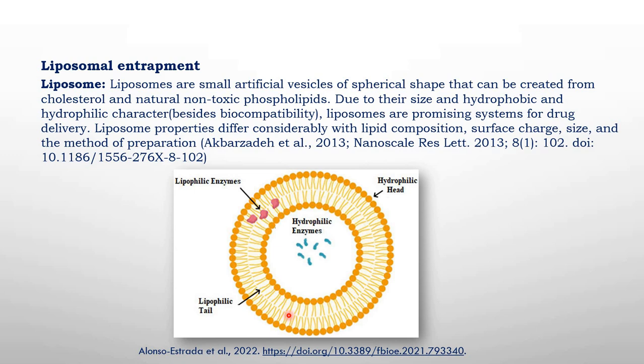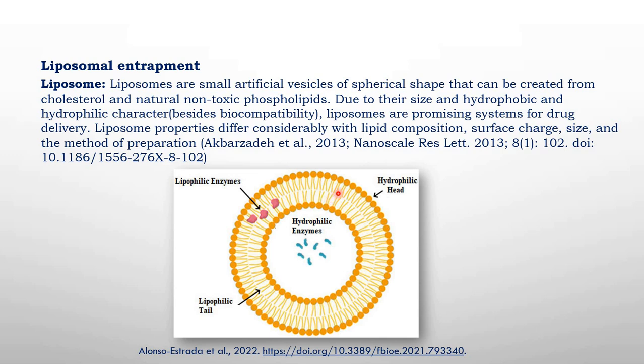So scientists are always thinking about entrapment systems, particularly drug delivery systems, which have minimum or no side effects with the human body. The best entrapment system is the liposome. A liposome is nothing but an artificial membrane. It can be developed from cholesterol or natural non-toxic phospholipids.